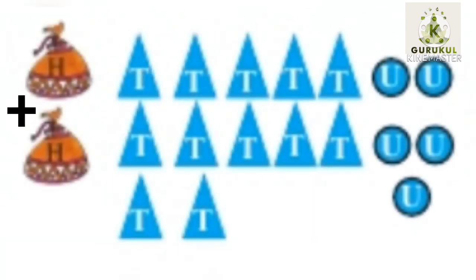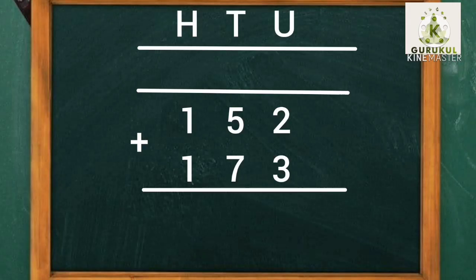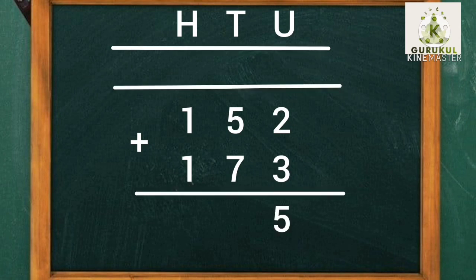Here they have given us 1 hundred 5 tens, 2 units plus 1 hundred 7 tens, 3 units. Arranging it vertically, we get this. When we add the digits in the units place, we get 5. We will write 5 in the units column.